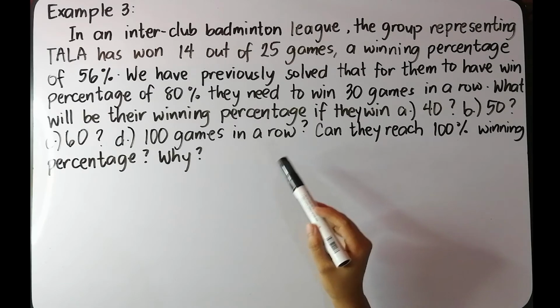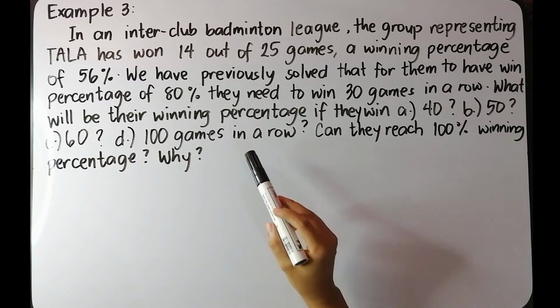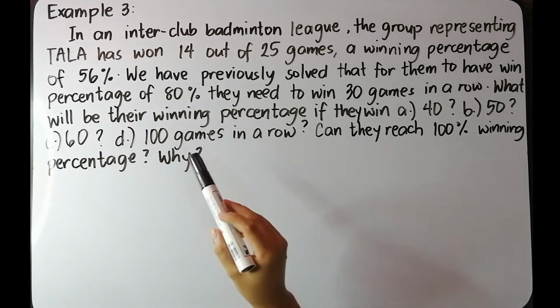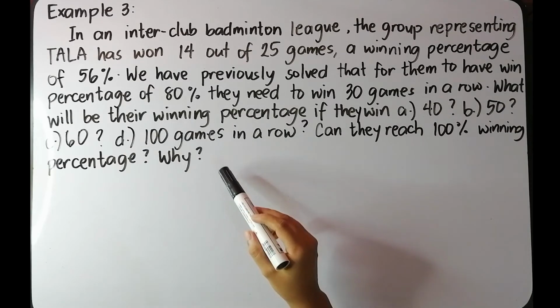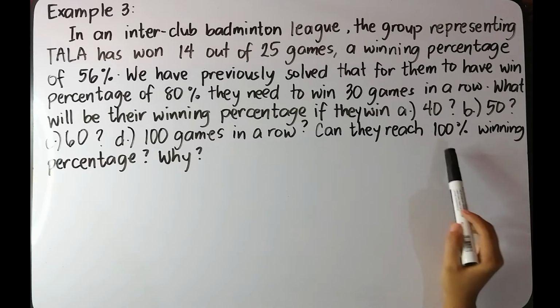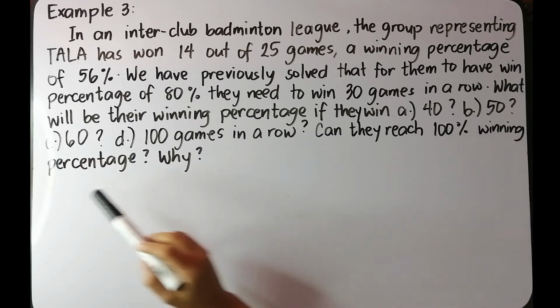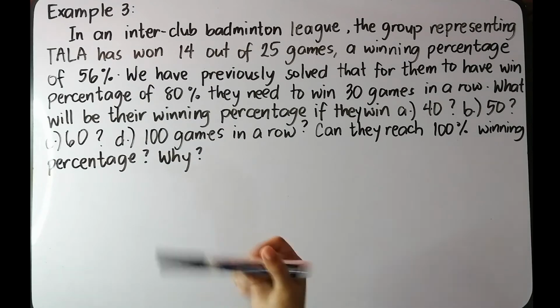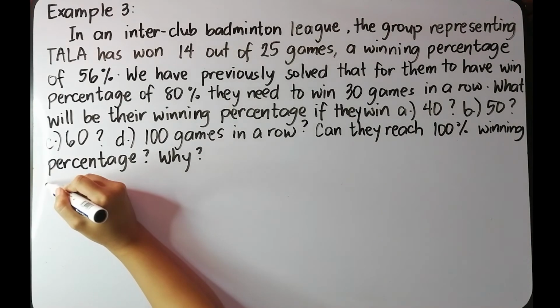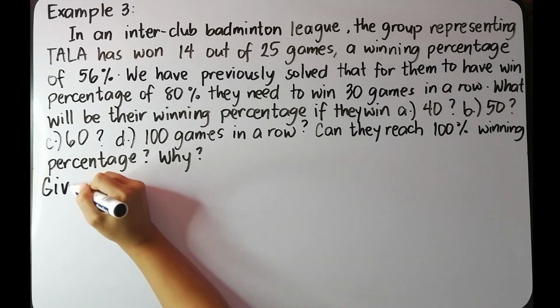So we're going to solve the winning percentage for this number of games that they have won in a row. Can they reach 100% winning percentage, and why? So these are the problems. First, we need the given.